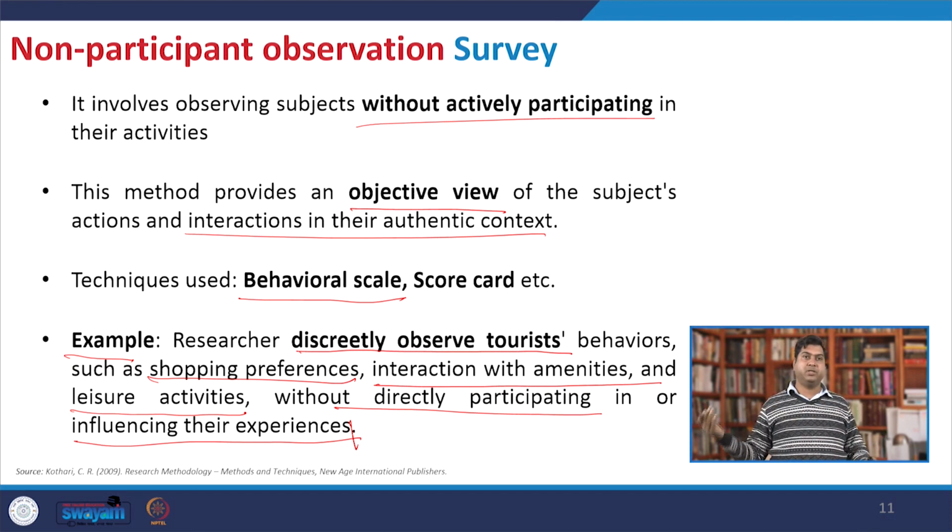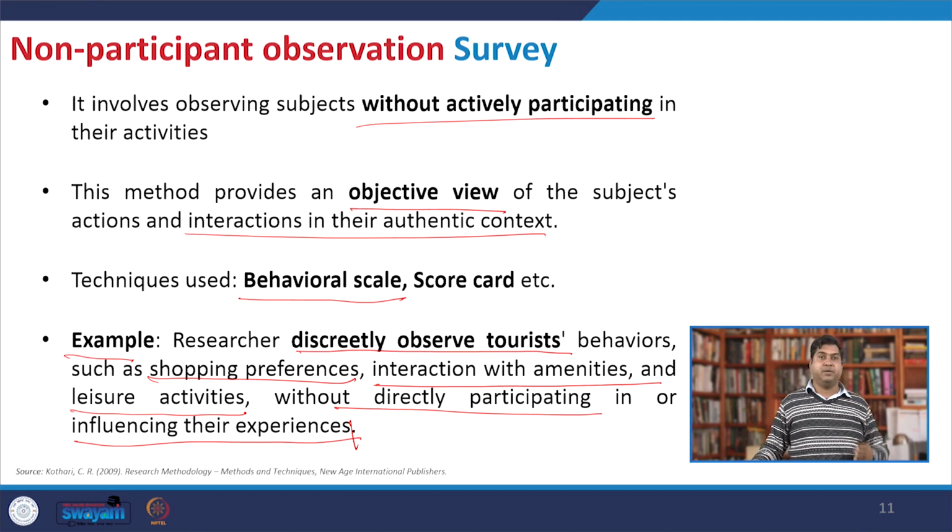So, it is based on the observation that most frequently people do this kind of shopping, they have interest in this kind of food or some cuisines. So, this is something that you observe and then you make a reference that mostly you have seen, you have just observed say 20 tourists, out of that 15 tourists after having visited that particular tourist monument or something, that particular area tourist destination, they are doing this activity, they are having a cup of coffee or maybe they are having some sort of snacks which is very popular in that location.